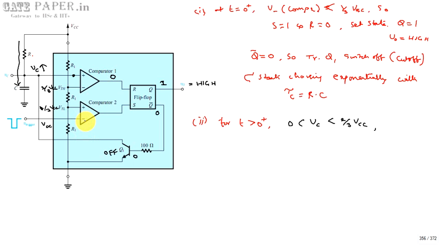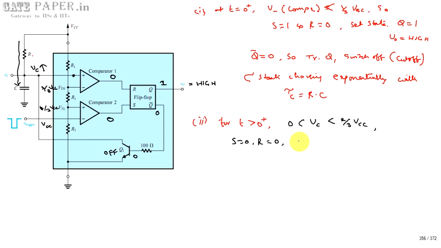And the inverting terminal of comparator 2 is at VCC and the non-inverting terminal is at 1/3 VCC, so again this will be 0 as the inverting terminal dominates. So S is equal to 0, R is equal to 0.